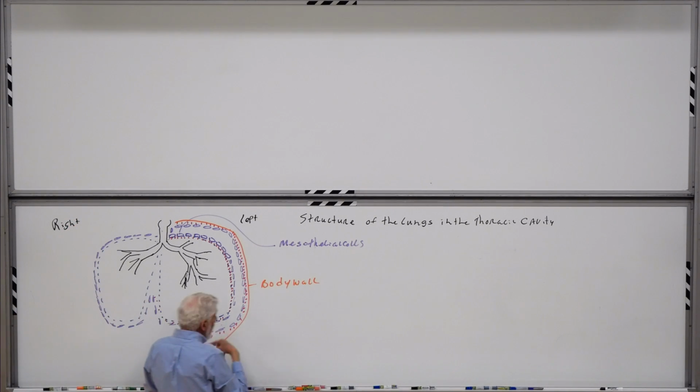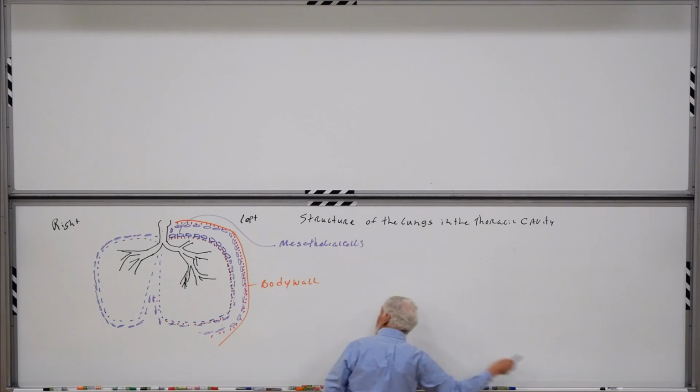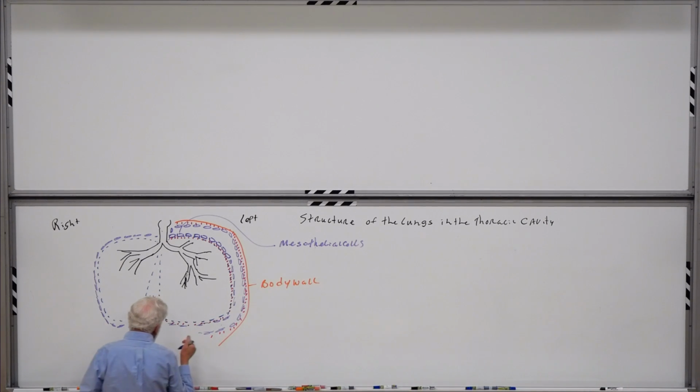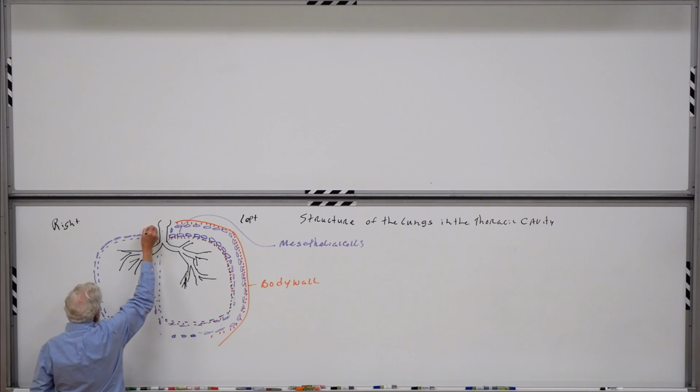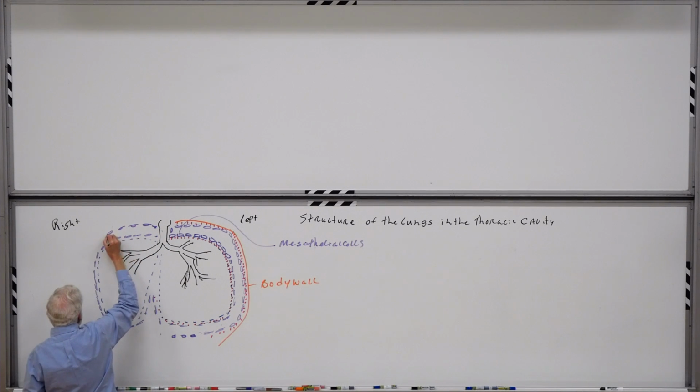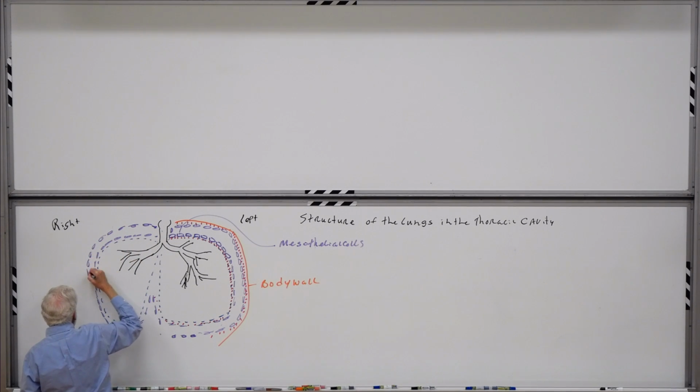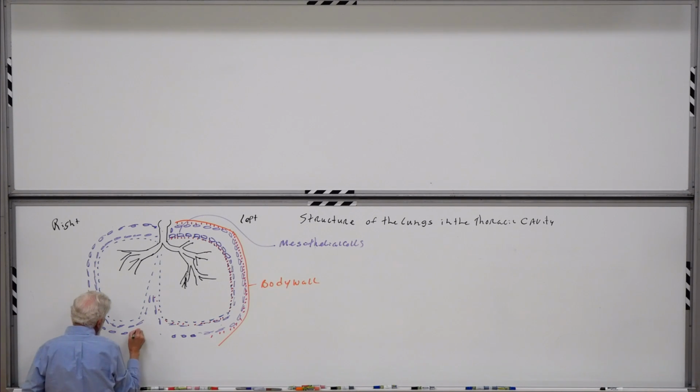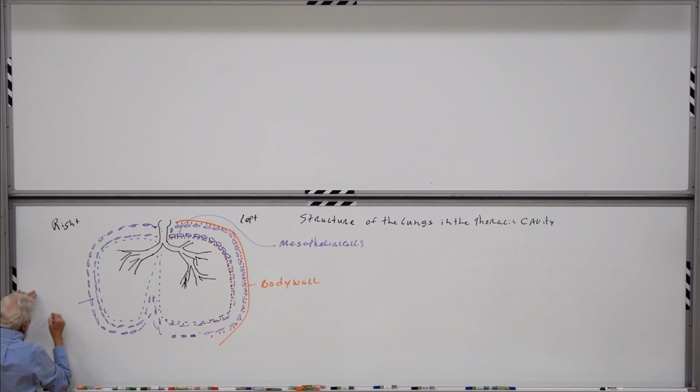There is this continuation of these pleural mesothelial cells, such that it forms the pleural sac.